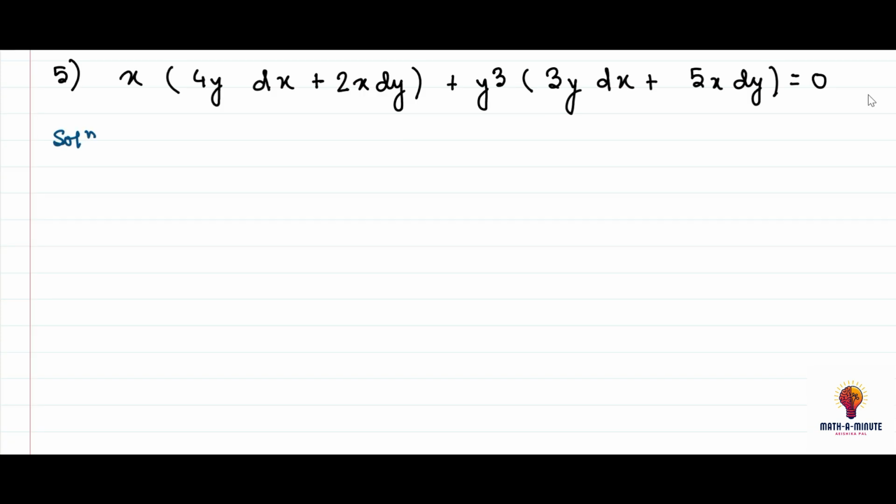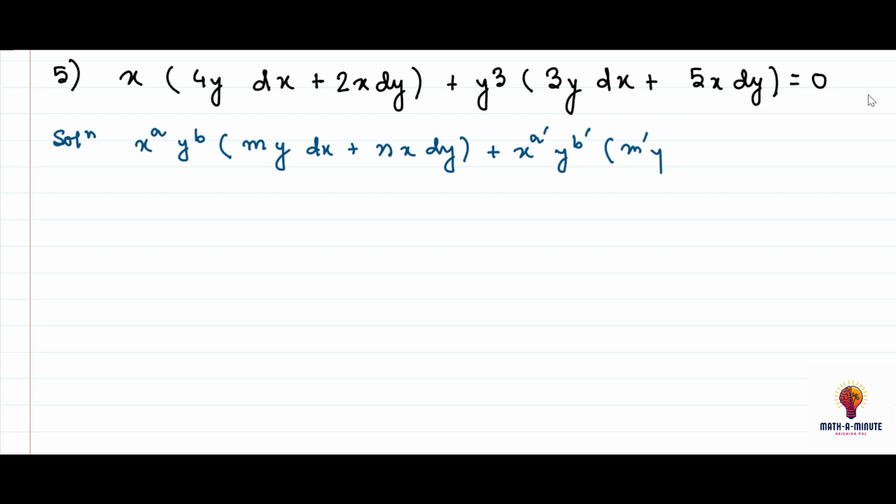Here it's very clear that we can write the given differential equation in the form x^a y^b (my dx + nx dy) plus x^a' y^b' (m'y dx + n'x dy).